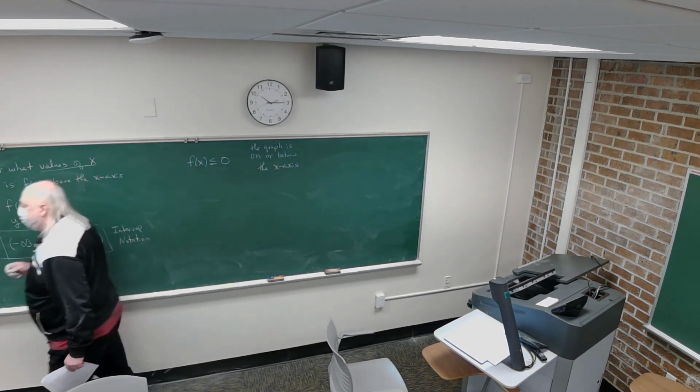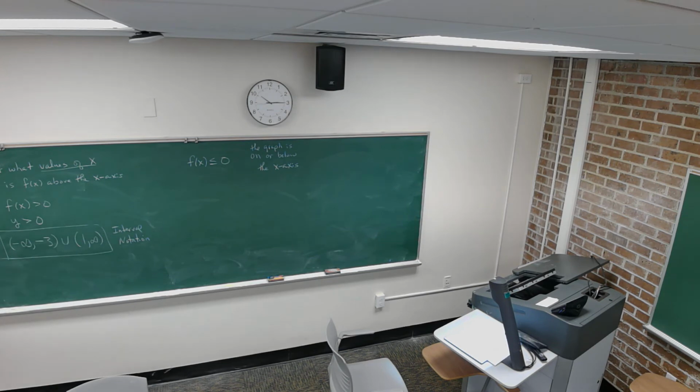Okay. Where the graph is below the x-axis, the function values are less than 0. And where the graph crosses the x-axis, the function values equal 0. And so we're interested where the function values are less than 0 and where they're equal to 0.